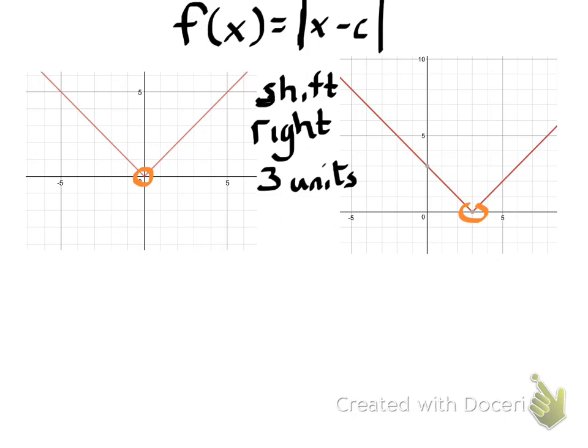And again, the slope leaving is going up 1 over 1 each time. And so f(x) = |x - 3|.